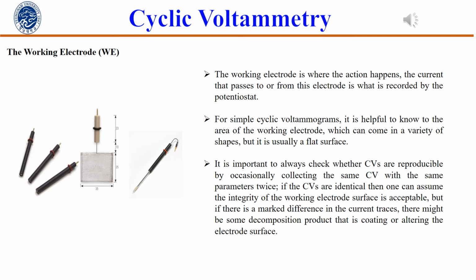The type of working electrode can be varied from experiment to experiment to provide different potential windows. As I told you earlier, for the electrochemical action at the working electrode surface, it is imperative that the electrode surface should be extremely clean and its surface area should be well defined.